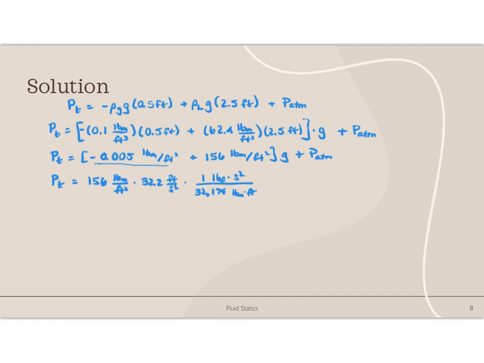And this is okay, except it's going to get you pounds per square foot. And the usual units are pounds per square inch. So we need one last conversion factor. 1 square foot is 144 square inches.